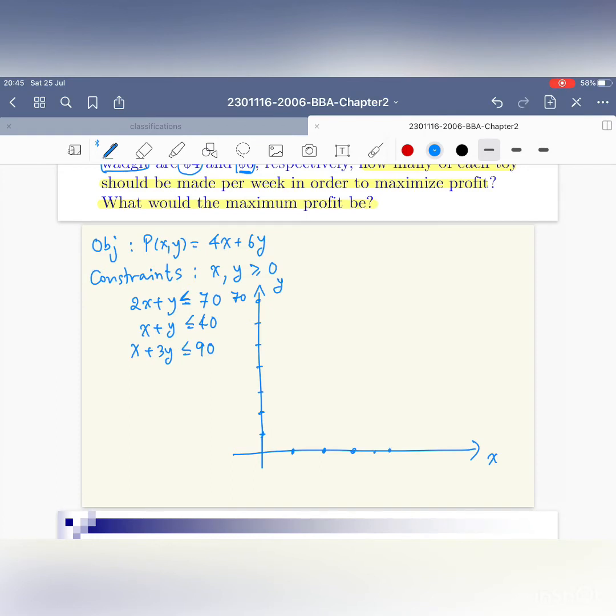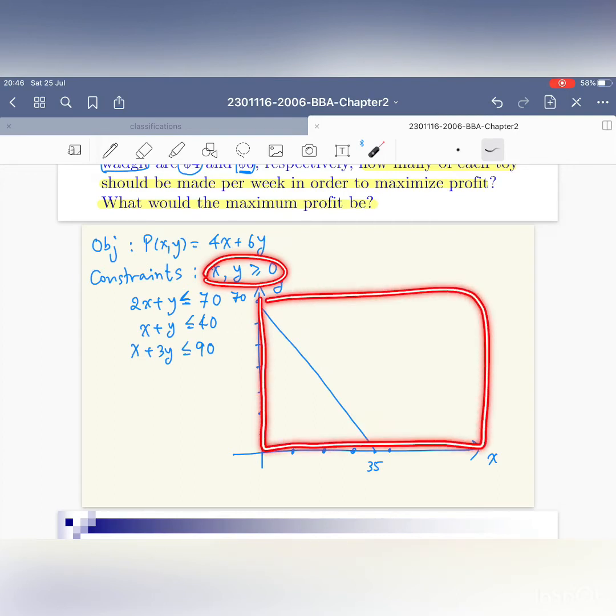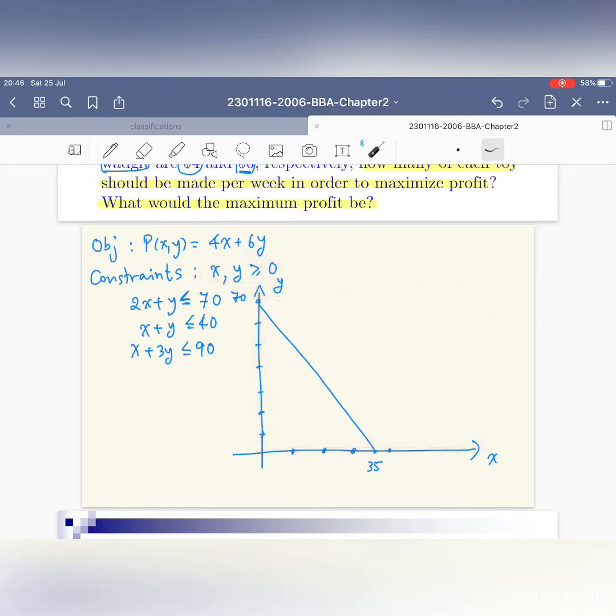and 35 right here. So it is this one, and of course I'll just concentrate on only the first quadrant, because your x and your y are non-negative, so it means that the one that you need is only the one on the first quadrant. Okay, so you got two regions, above or below.